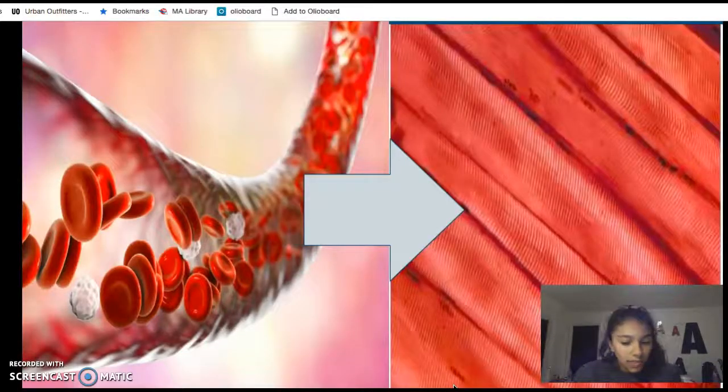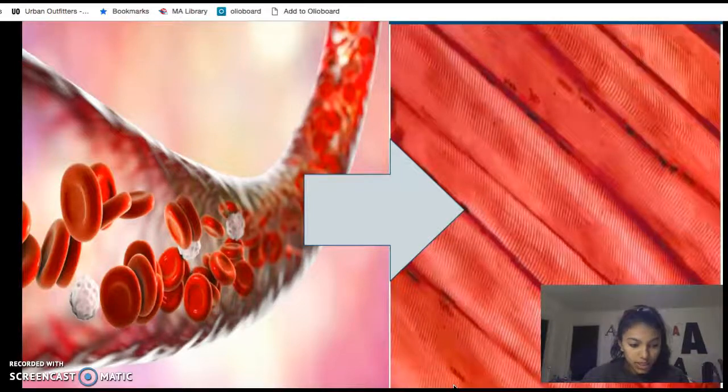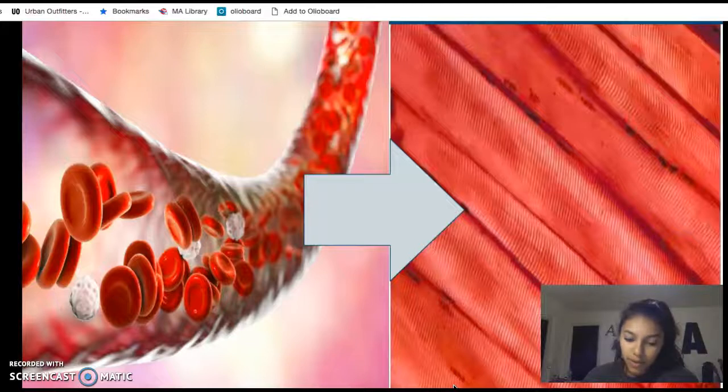So, the oxygen then passes through the capillaries, which surround the alveoli, by diffusing between the air in the alveoli and the blood in the capillaries, which are made of semi-permeable membranes, which allow oxygen to pass through them.